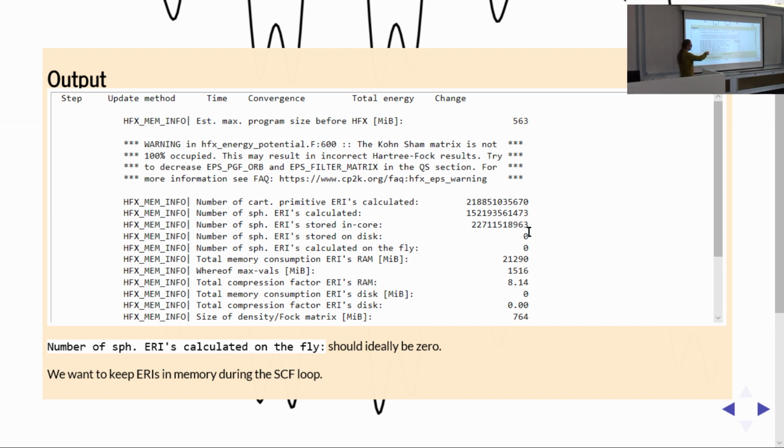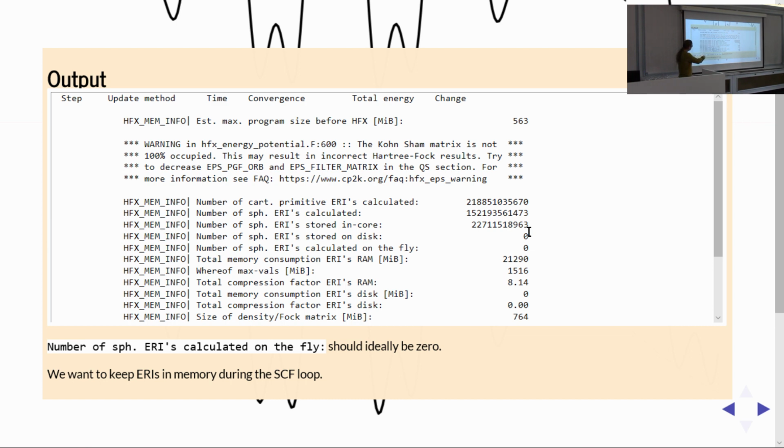So here's an example. If you've got medium print level, so it's probably worth doing that for this. You can see the number of Cartesian primitive electron repulsion integrals calculated. Big number. But the important one, number of these stored in core. So we calculated a lot, but only 1 in 10 was actually needed in the end.